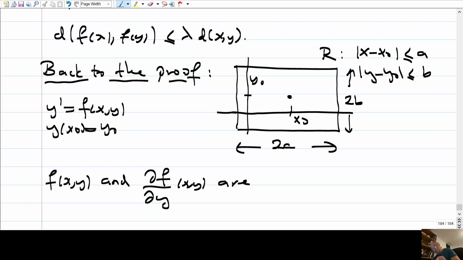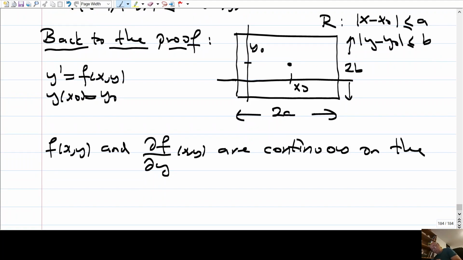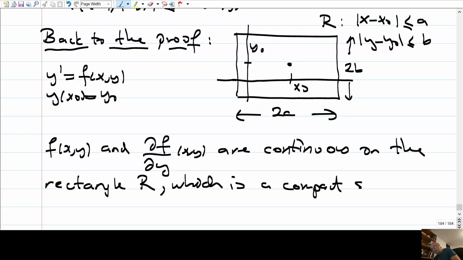So f is continuously differentiable with respect to y, on the rectangle R. R is of course this rectangle, a closed and bounded subset, therefore it is compact, a compact subset of R2.